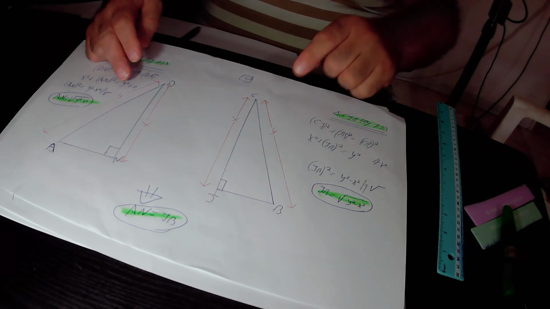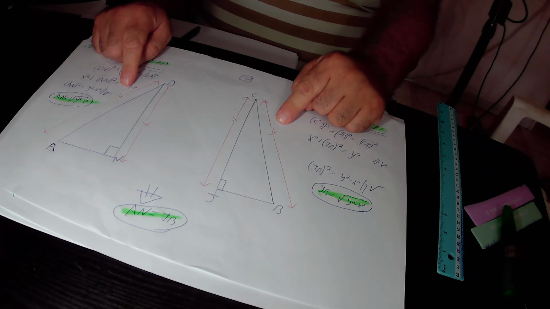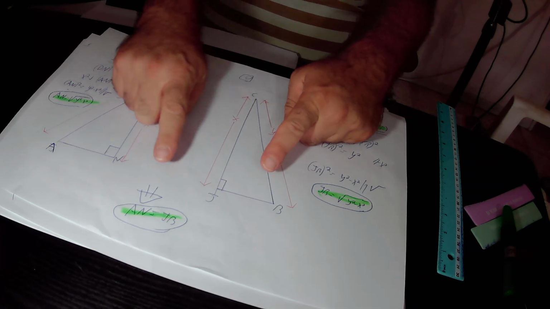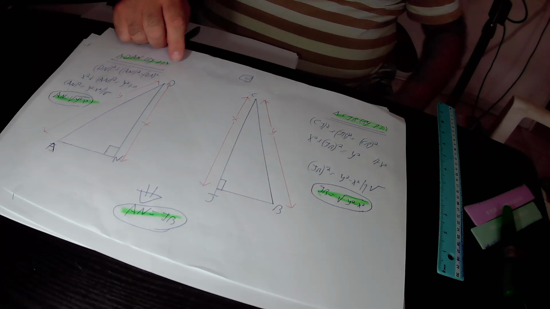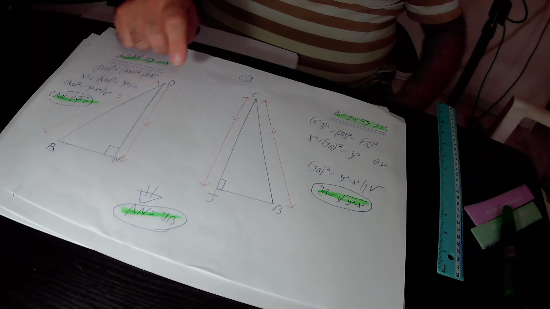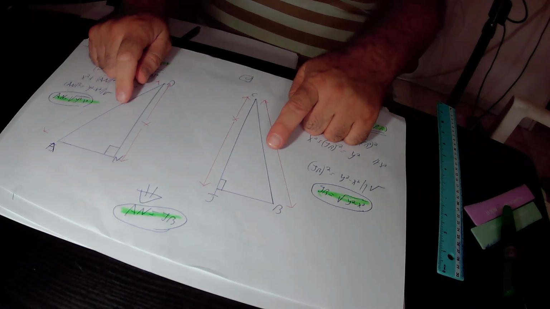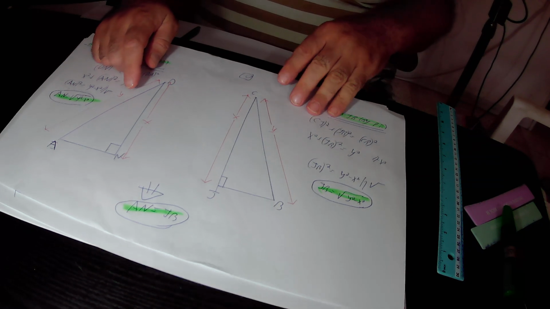So, in those 2 right triangles, those 2 sides are both equal to y, therefore they are equal to each other. In addition, those 2 sides are both equal to x, therefore they are equal to each other, and side AN equals side JB. So we found out that all three sides of the right triangle DNA are correspondingly equal to all three sides of this right triangle CJB, and those two right triangles are congruent according to the side rule.